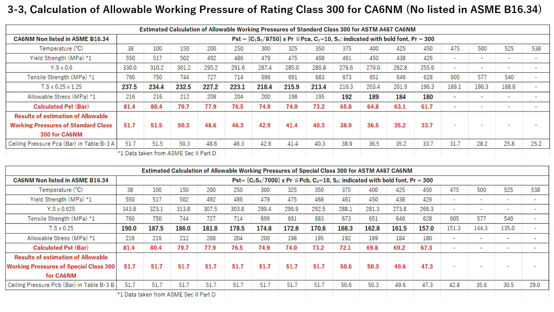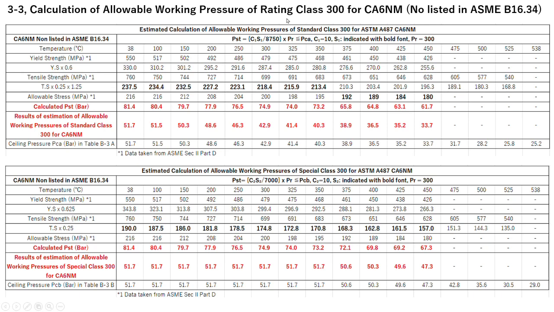If CA6NM casting material is assigned the ASME Section 2 Part D allowable stress, then in case of the pressure retaining material, we can use this casting material, but it is not listed in ASME B16.34.